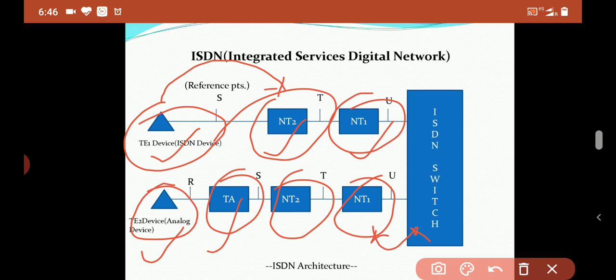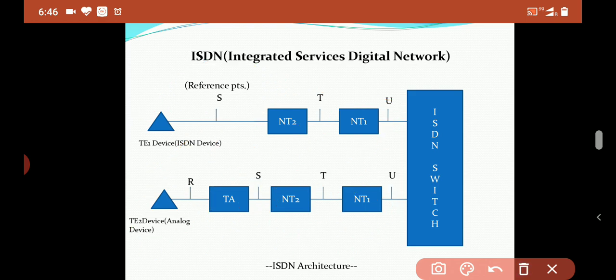So these are the device connectivity of ISDN, or you can say the architecture of ISDN. Basically, what do these devices do?